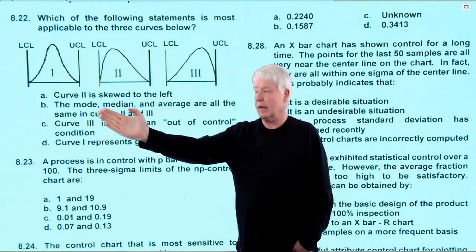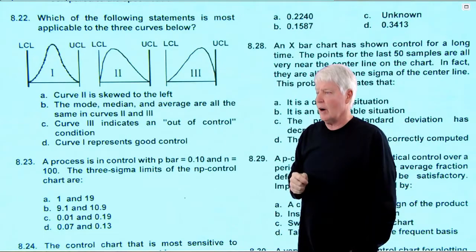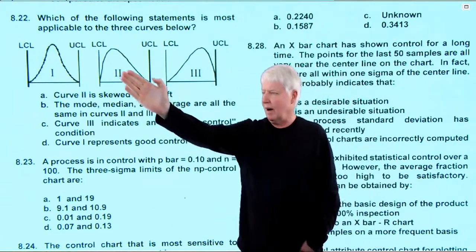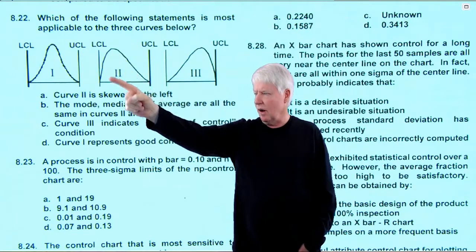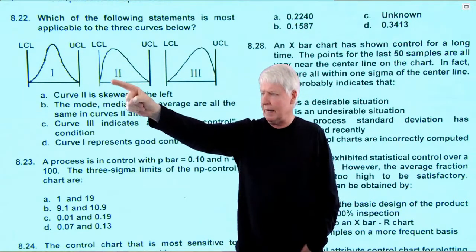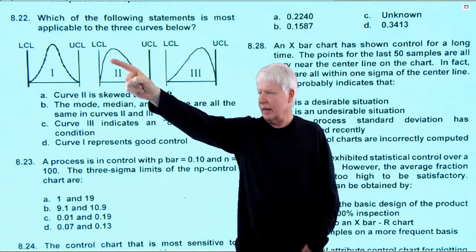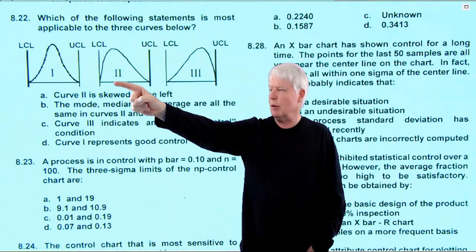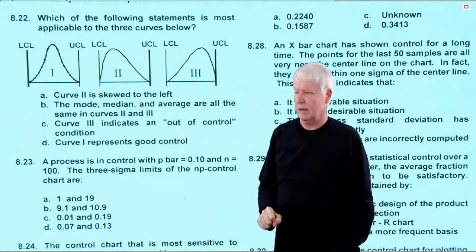So A is incorrect. The mode, median, and average are all the same on curves 2 and 3? No. As you'll recall, the mode is the longest line, and then it always goes towards the tail, and the median is always in the middle. So in this curve, right skewed, the mean will be less than the median will be less than the mode.